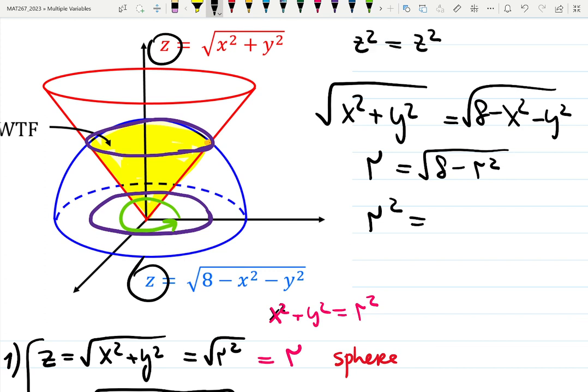Yeah, very good point. So it will be 8 minus r squared. So the question was, could we just square first and then set them equal to each other? Yeah, the answer is yes. So it's going to be 2r squared equals 8. r is 2. Let's check. 2 times 2 times 2, 8.